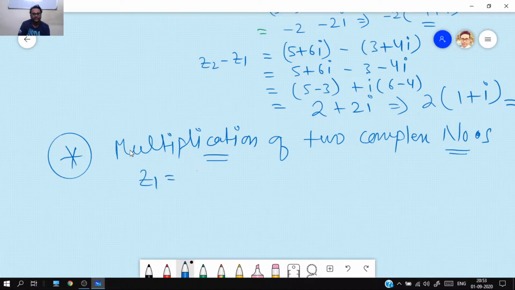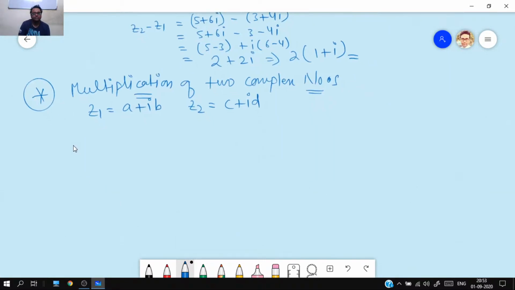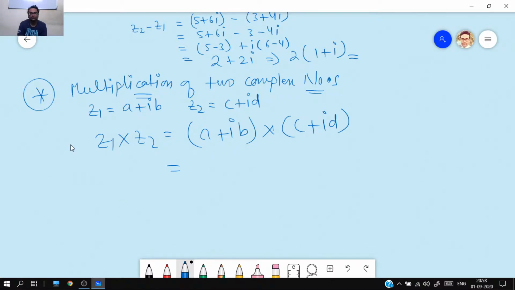So let me take z1 is equal to a plus ib and z2 is equal to c plus id, and let's multiply both complex numbers. z1 into z2, a plus ib into c plus id, which is equal to, we are following the same rules which we follow in algebra, taking a first and multiplying it with c and then multiplying it with id.